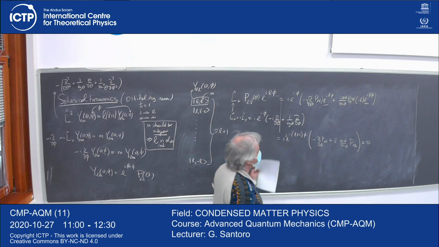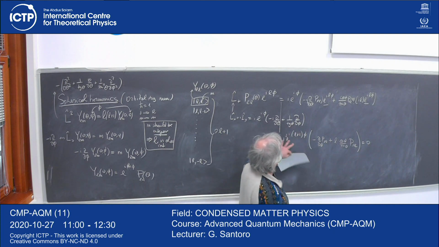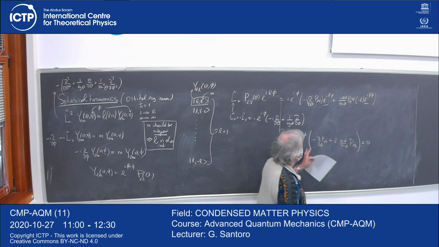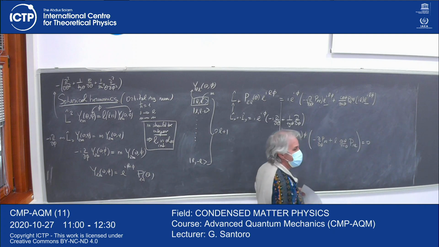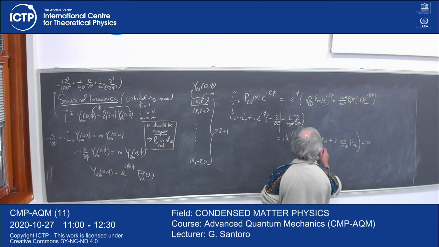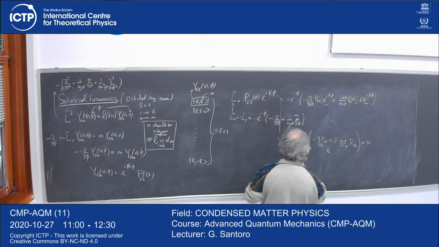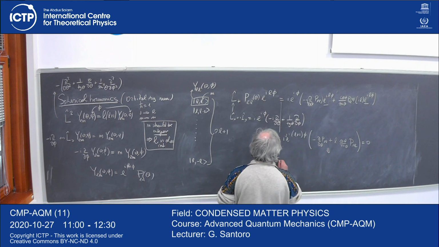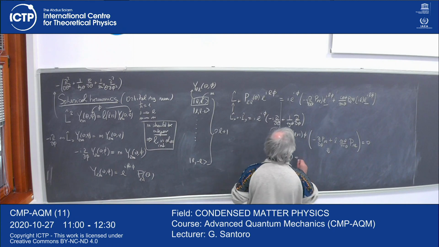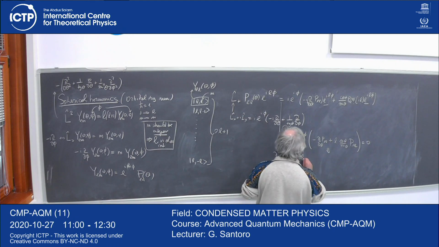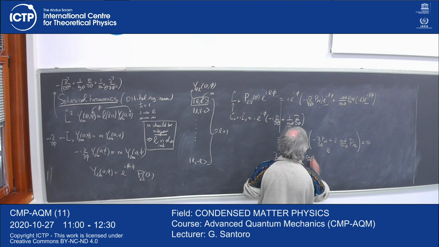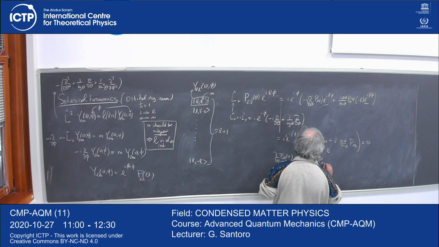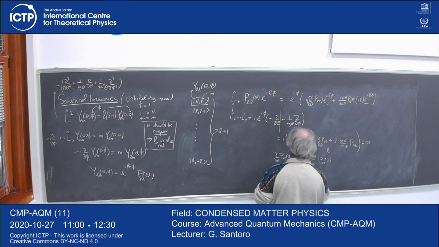But how can something which is different from 0 times this factor here be equal to 0? You deduce that the derivative with respect to theta of P_LL of theta is equal to L, cos theta divided by sine theta, times P_LL of theta, right?